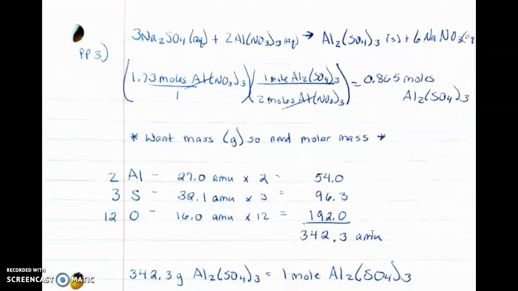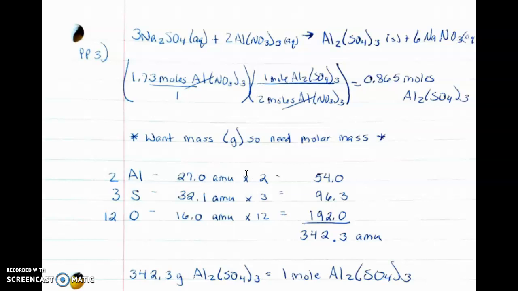So the next thing we're going to do is determine what is the molar mass of aluminum sulfate. So we know that in this molecule I have 2 aluminum atoms, 3 sulfur atoms, and 12 oxygen atoms. So when I look at my periodic chart, I know that the atomic mass for 1 aluminum atom is 27, 1 sulfur atom has a mass of 32.1 AMU, and 1 oxygen atom has a mass of 16.0 AMU.